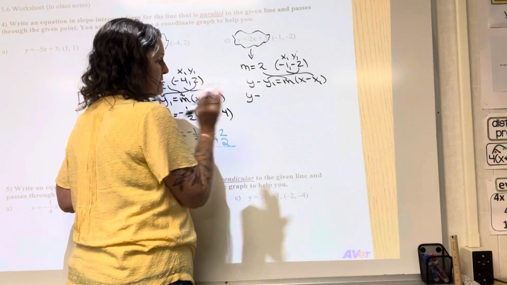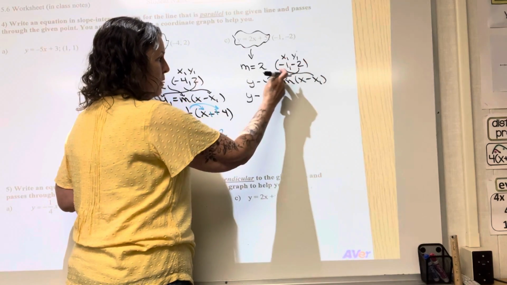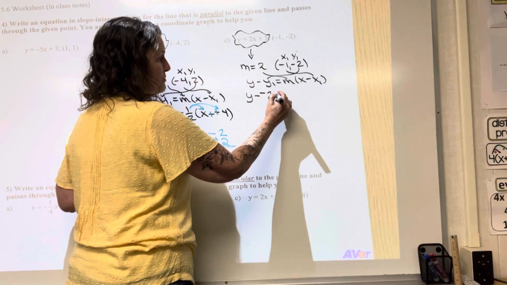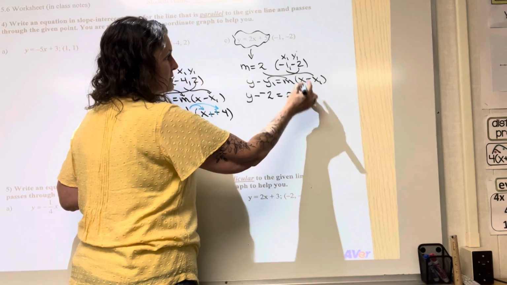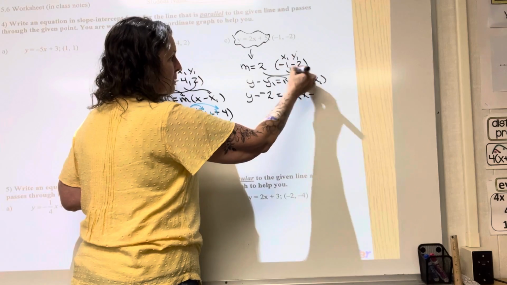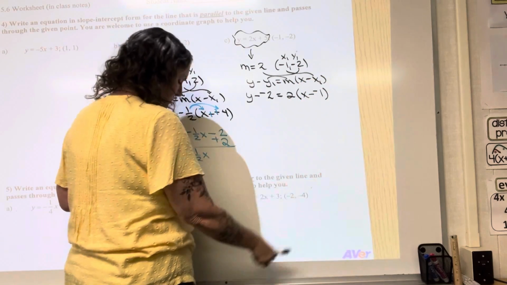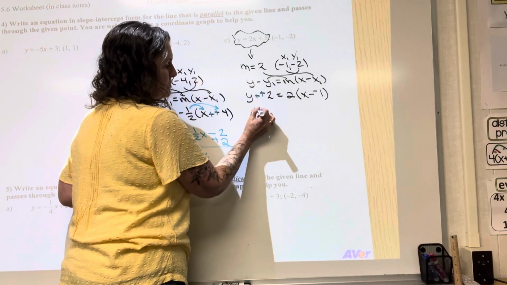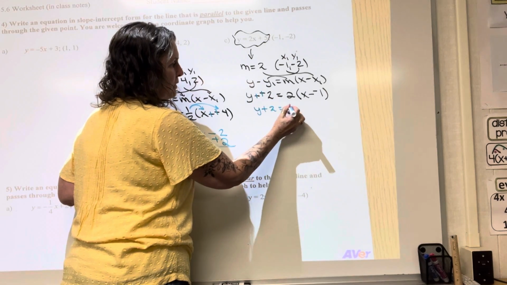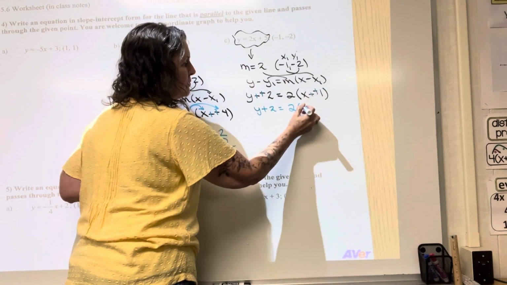So y minus is the formula. But when I bring down the y, that's a -2. Bring the 2 over, x. There's already a negative in the formula, but I'm bringing another negative over. I'm going to use my different color so we can see it best. So this is y plus 2, and this is going to be 2x plus 1.